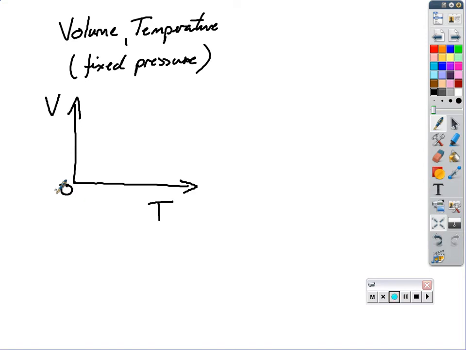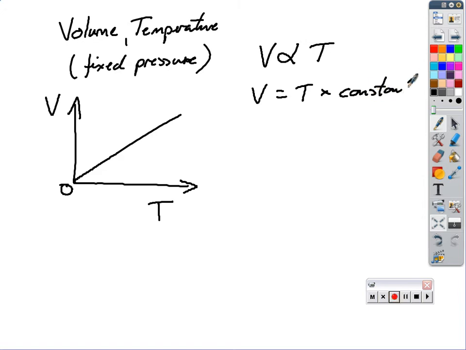So it doesn't matter about the scale. What does matter is that if we increase the temperature, we must be increasing the volume. So it must be a direct relationship. That means that V is directly proportional to T. V equals T times a constant. And that means that V over T equals a constant.